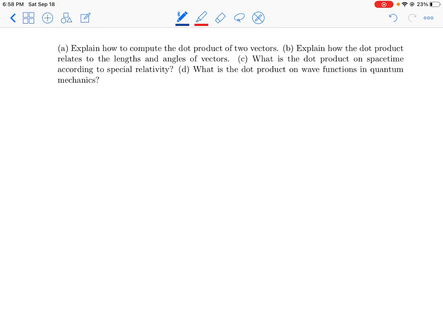Okay, hello everybody. So, part A, explain how to compute the dot product of two vectors.